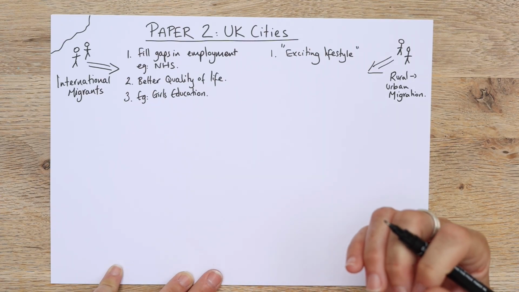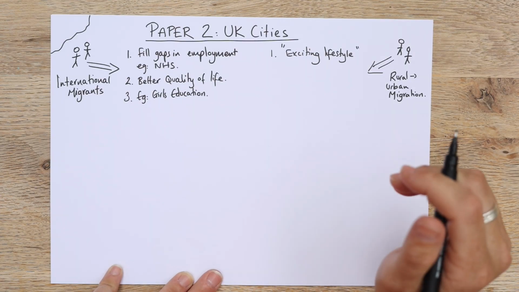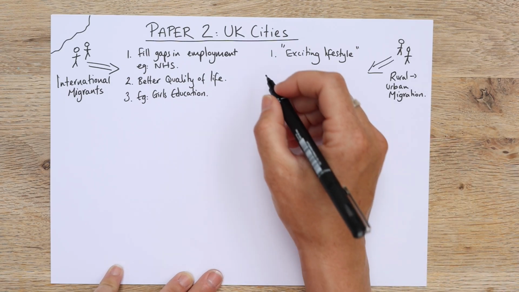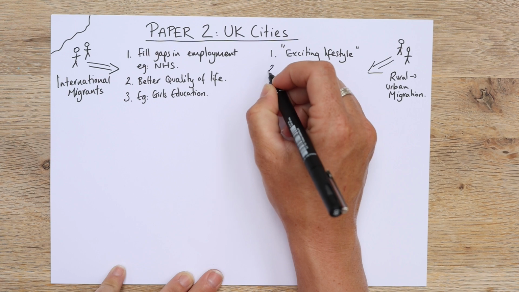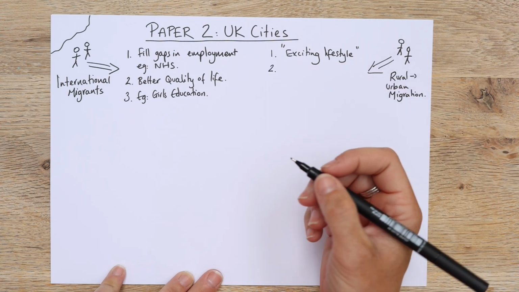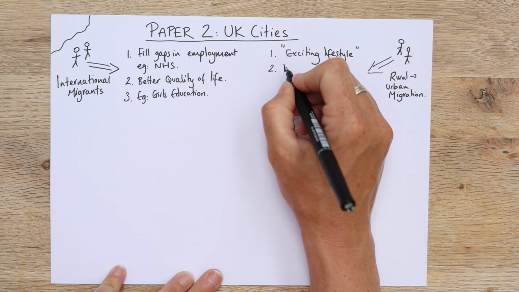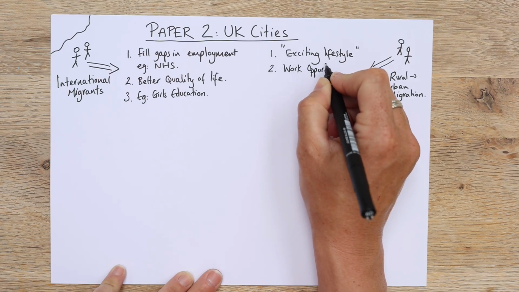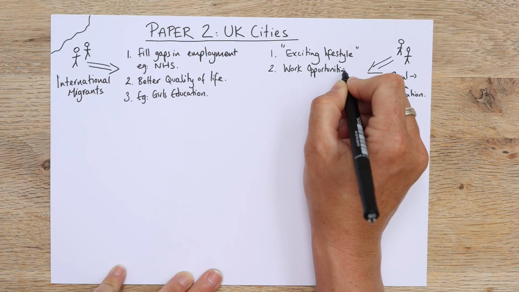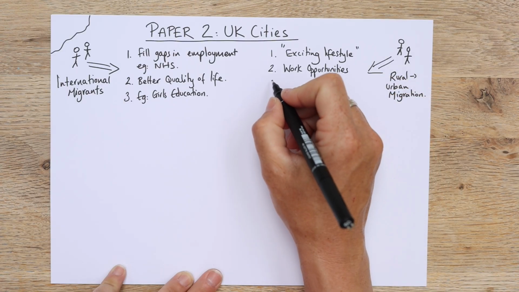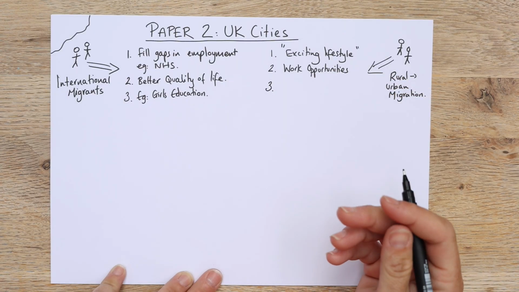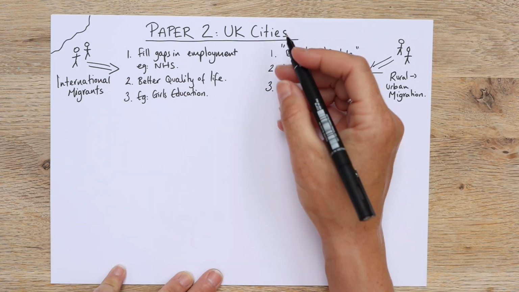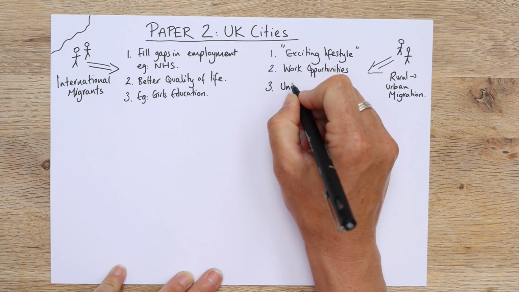It runs 24/7. There are so many things on offer all the time. So it's difficult to replicate that somewhere else. Not only that, but there are work opportunities which you can't get elsewhere. And thirdly, some of the very best cities up and down the country have some of the very best universities.